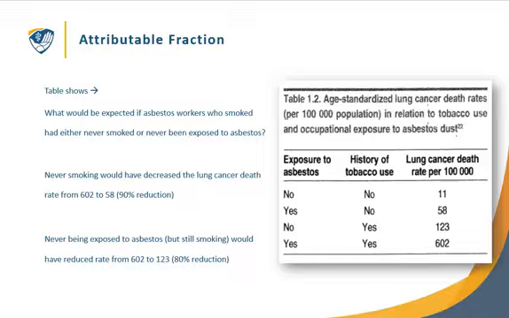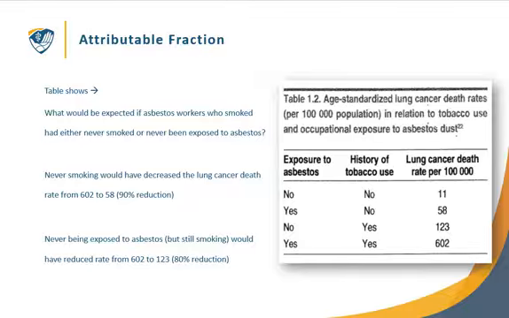Never smoking would have decreased the lung cancer death rate from 602 to 58, so a 90% reduction. Never being exposed to asbestos, but still smoking, would have reduced the rate from 602 to 123, so an 80% reduction.